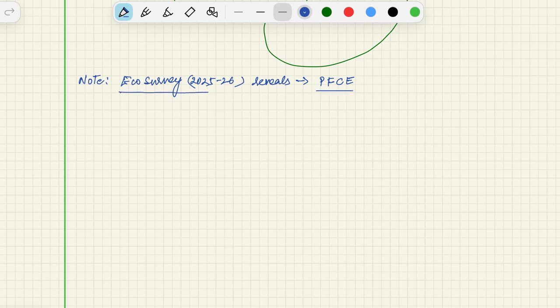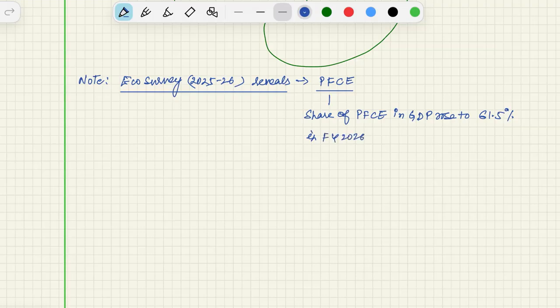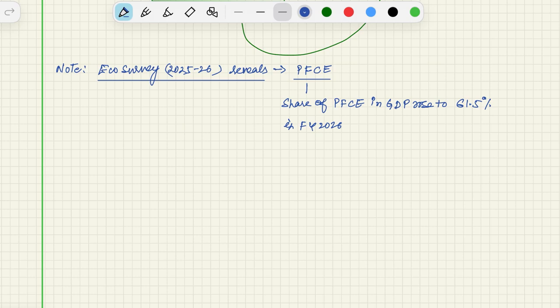As per the Economic Survey 2025-26, the share of PFCE, private final consumption expenditure, in GDP rose to 61.5% in financial year 2026.